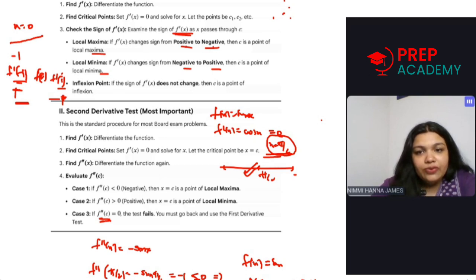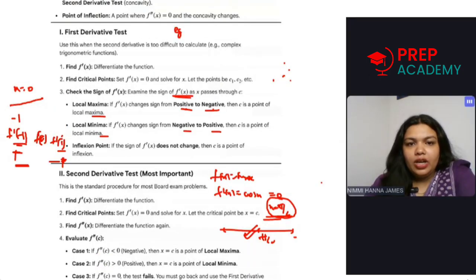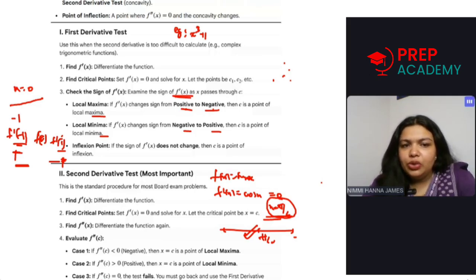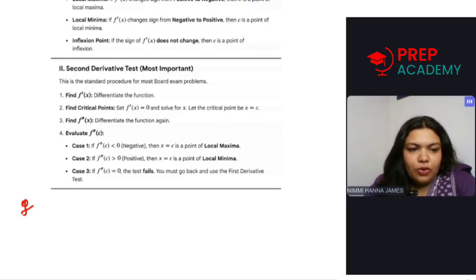So that's how we do the first derivative test. We can take the example of x cube plus 1. If this is the function, we can actually do the second derivative test. So f of x is equal to x cube plus 1.